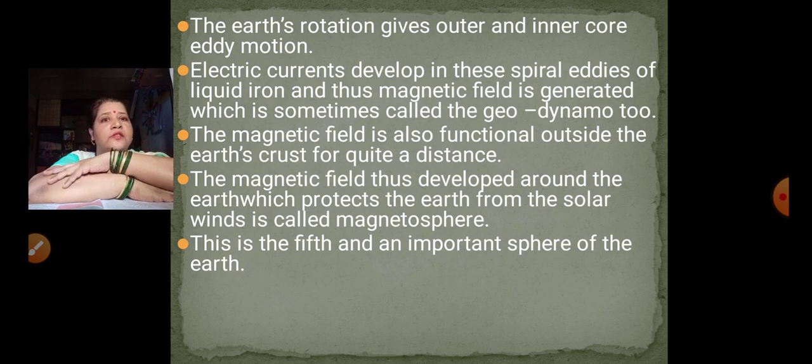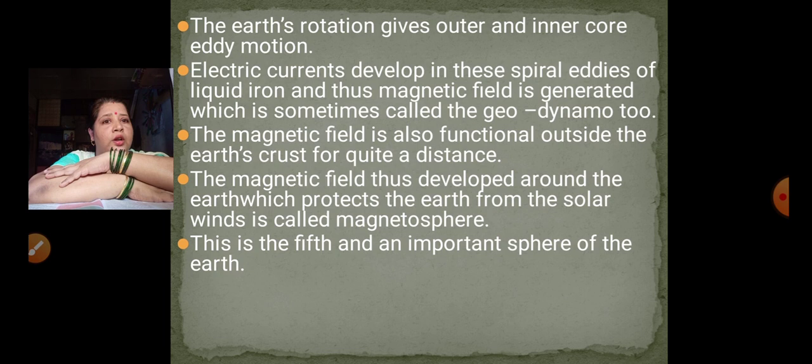It is not only inside the Earth's crust, but outside it also, for quite a distance in the atmosphere. The magnetic field thus develops a protective cover for the Earth against the solar winds.